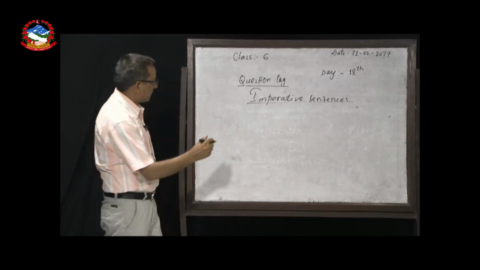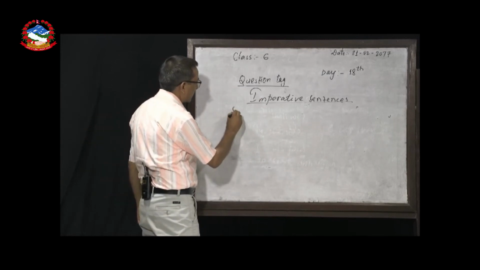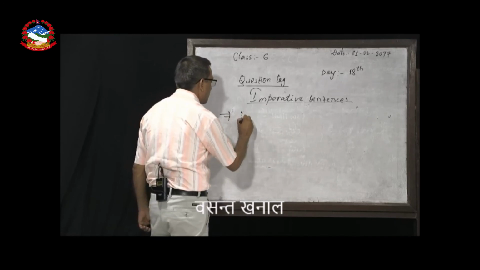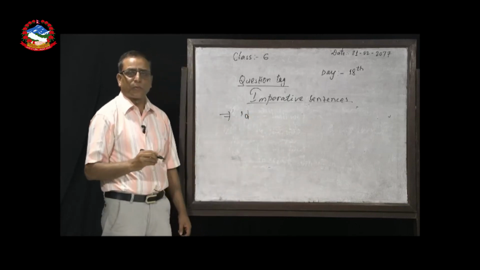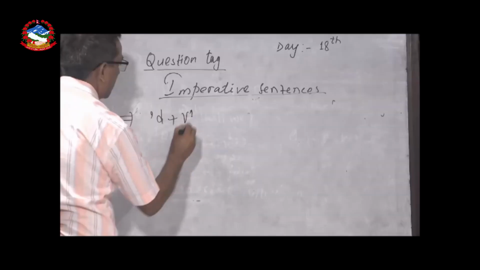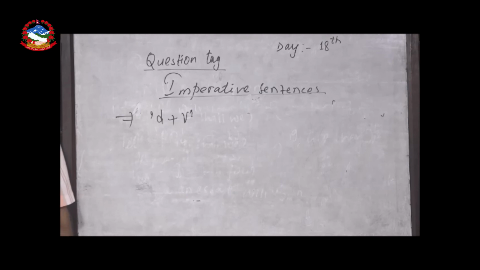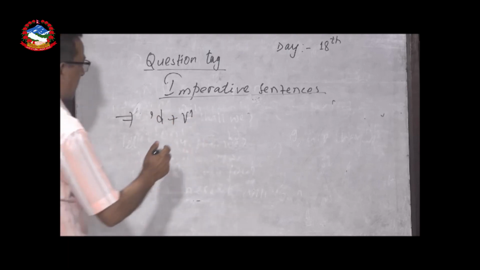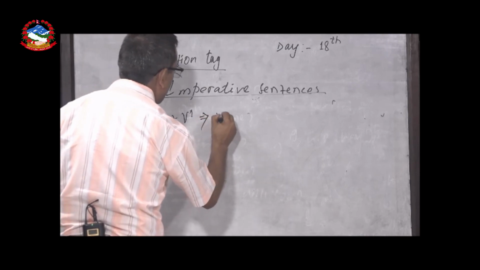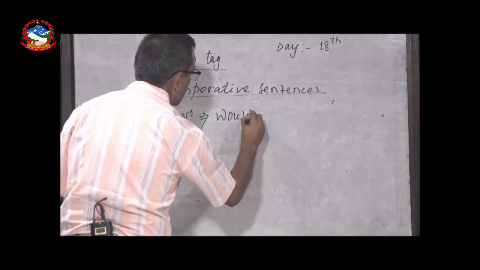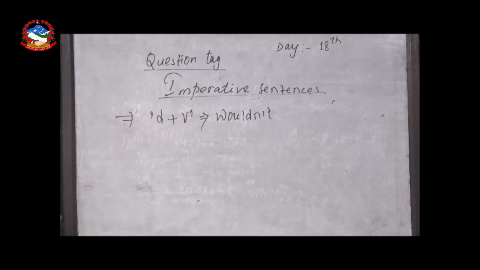If in a sentence there is given apostrophe d plus verb 1, that is the important one, the tag becomes wouldn't.